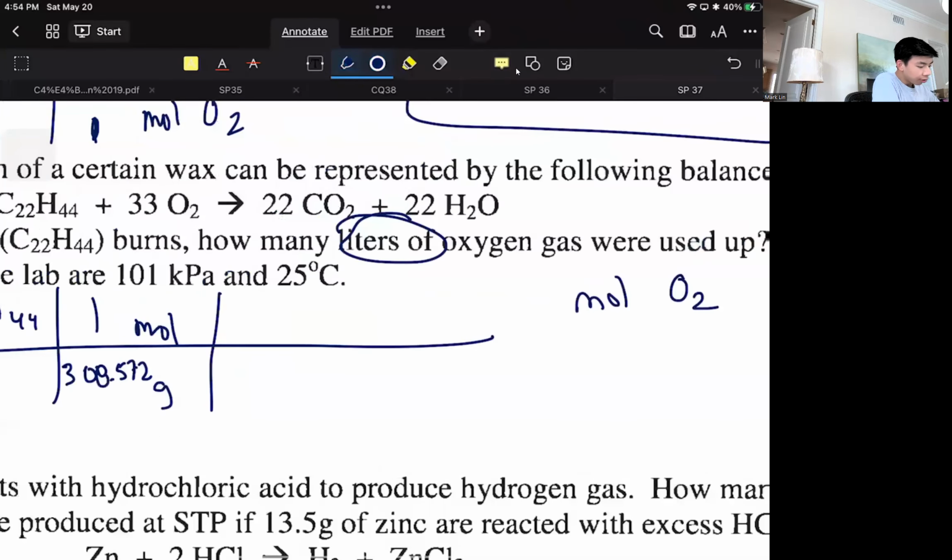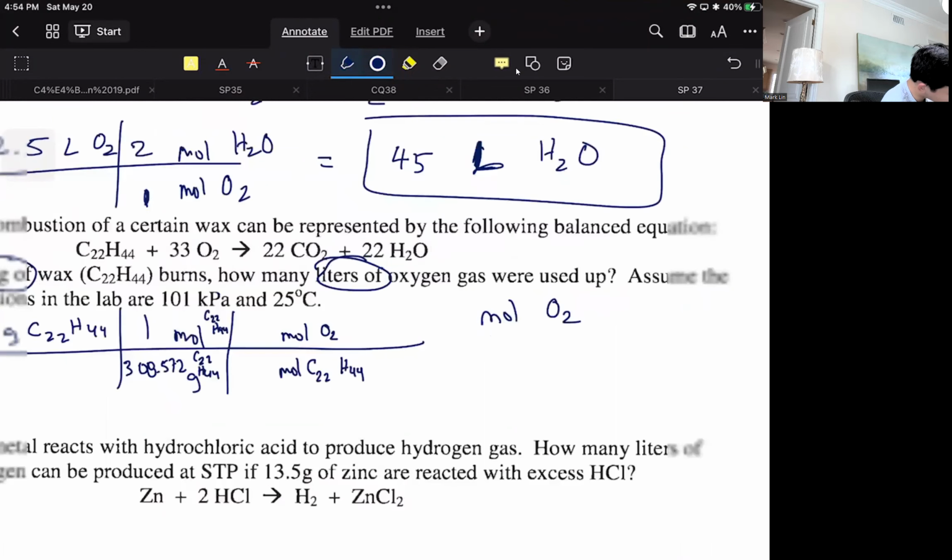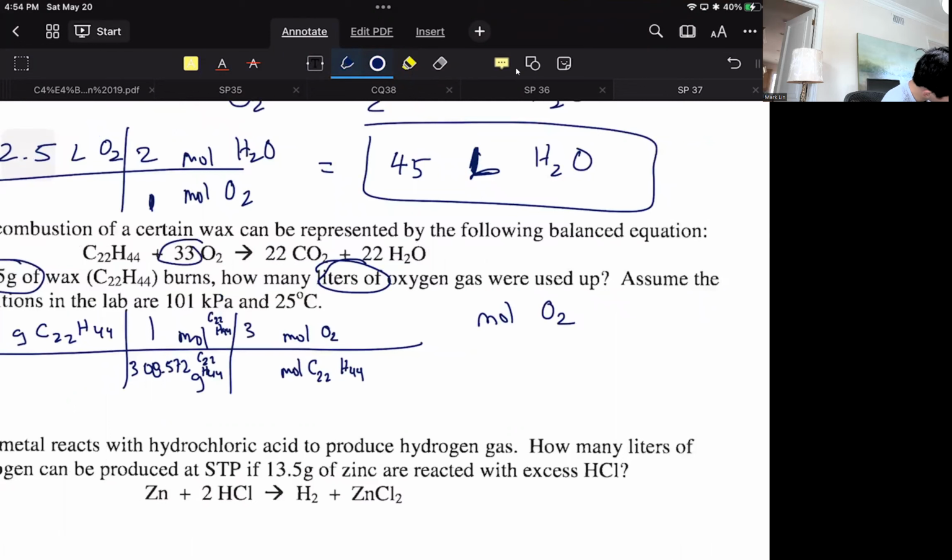And then from moles of O2 to moles of C22H44, there are 33 moles, and then for C22H44, the wax, it's only going to be 1.